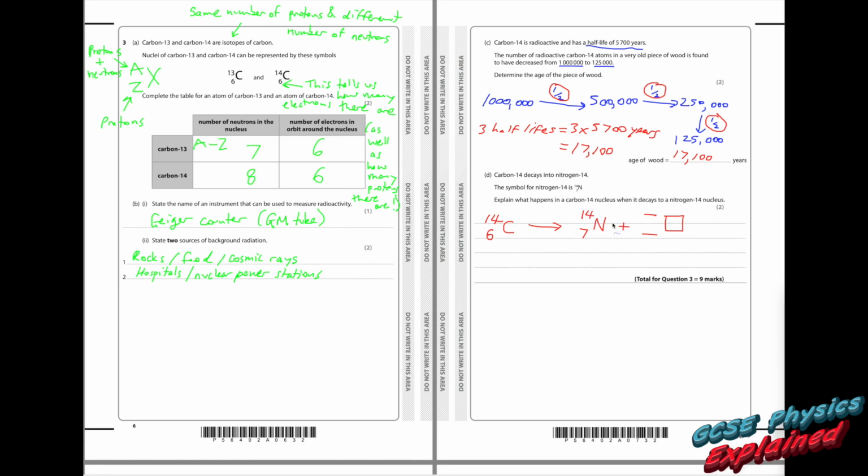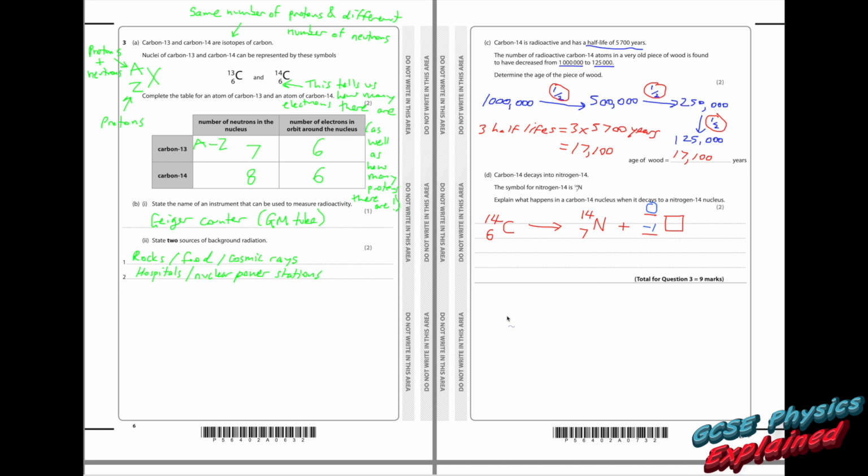So 14 plus something has to equal 14. Well, that something has to be 0. And these numbers on the bottom, on the right of the arrow, have to equal the number on the bottom on the left of the arrow. So we need to make 6. So 7 plus something equals 6. Well, this must be minus 1.